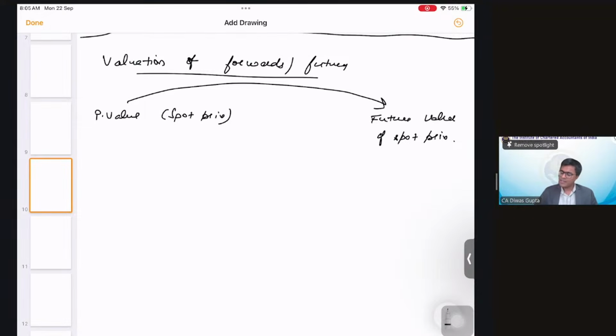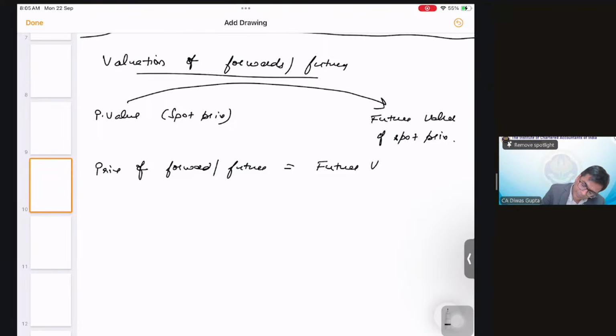The answer is yes. The price of a forward/future will become the future value of the spot price. And here the expiry will become the time period for compounding, right?